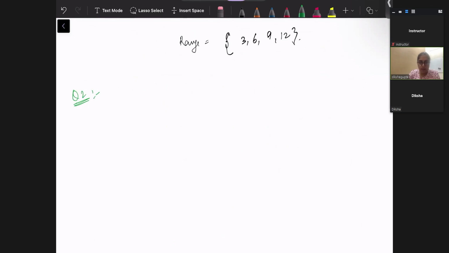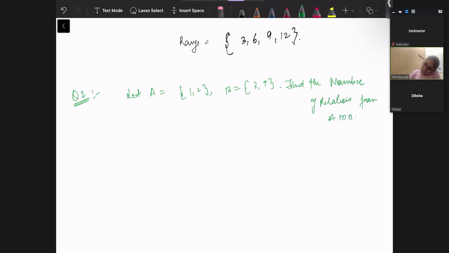Okay, so if A is 1, 2 and B is 3, 4, find the number of relations from A to B, right? So what we have, A की cardinality 2, B की cardinality 2.